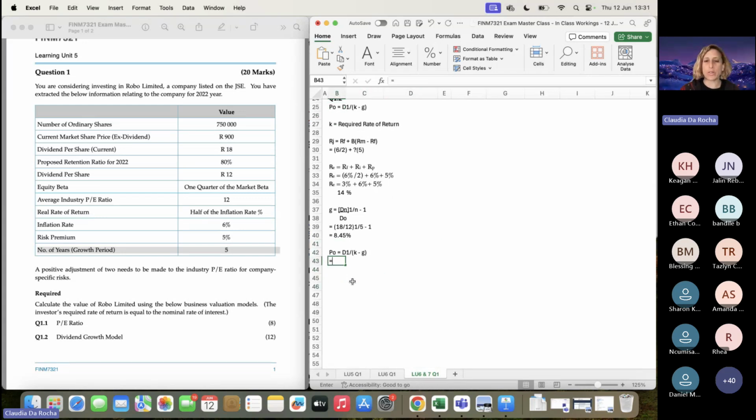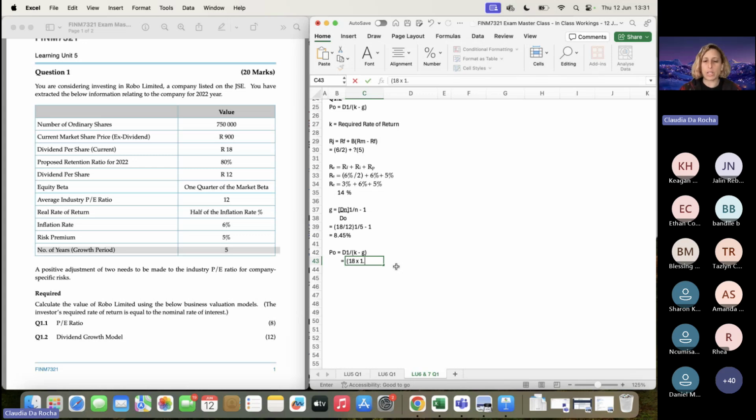So remember, D1 is your current dividend increased for growth. That's what D1 means. So I have to take the 18 and multiply it by the growth rate.